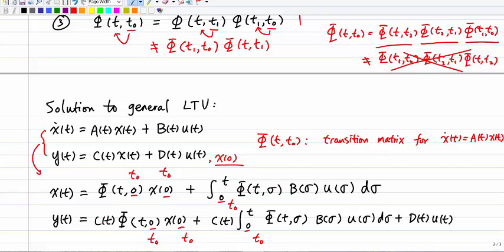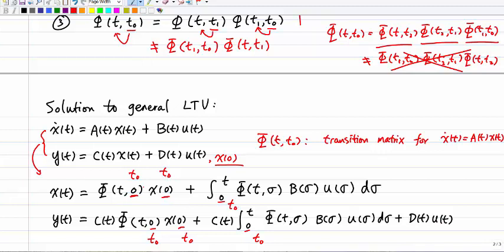And y of t is C of t phi of t, t0 x0 plus C of t times the integration from 0 to t of phi of t, sigma, B of sigma, u of sigma, d sigma, plus D of t u of t. So this is the solution to the general linear time invariant system. You can also replace every zero by t0. I emphasize that over here.